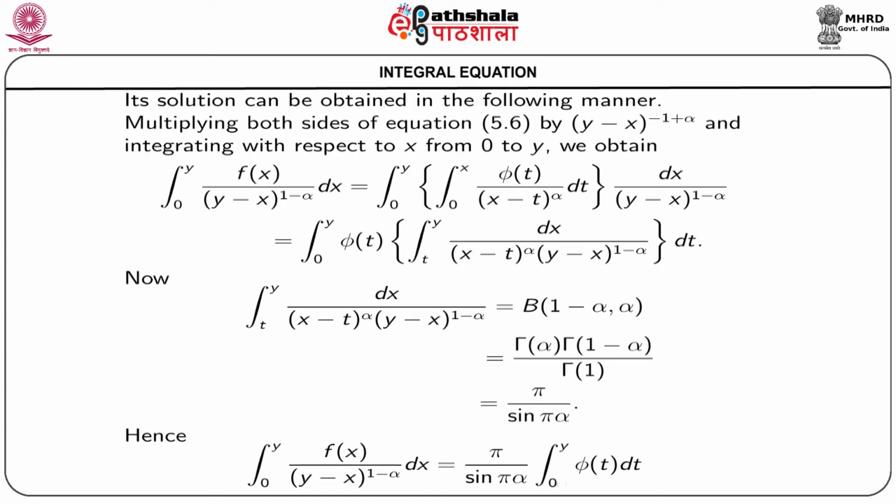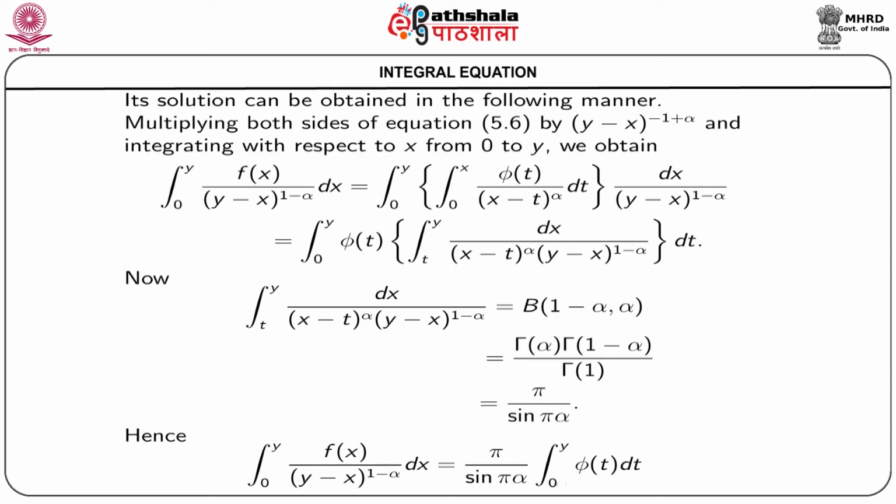This is equal to pi by sin pi alpha integral 0 to y phi t dt. So, here we see that the unknown function comes under the sign of integration, where the range of integration varies from 0 to y.